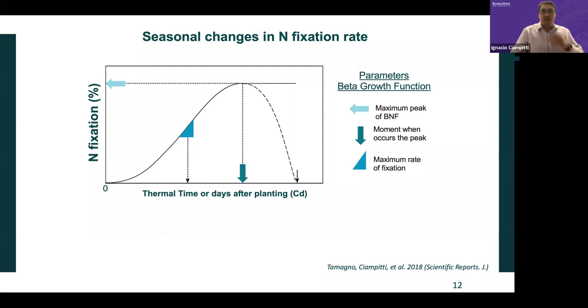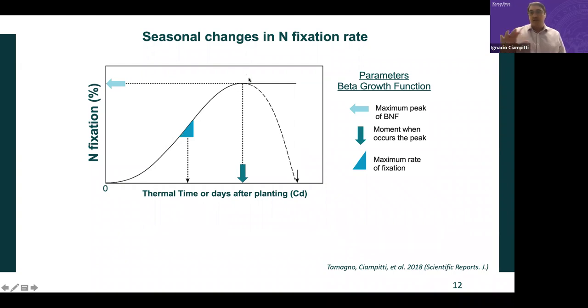So here is a theoretical representation of the fixation, the proportion of nitrogen fixed. And you will see we start from planting time. Usually fixation starts a little bit late, usually around B4, B5, with 4 or 5 leaves. And then you start seeing how the fixation starts growing and growing over time.